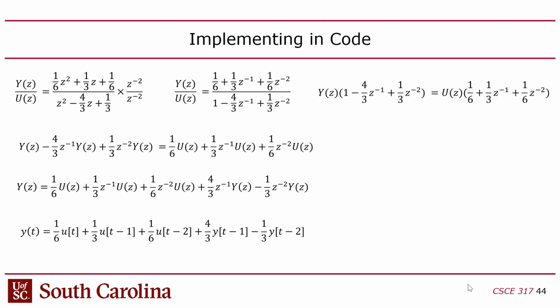Oh, one final thing. One other cool thing about the Z domain is when you go from the Z domain to the time domain, it's relatively straightforward, unlike the Laplace domain.